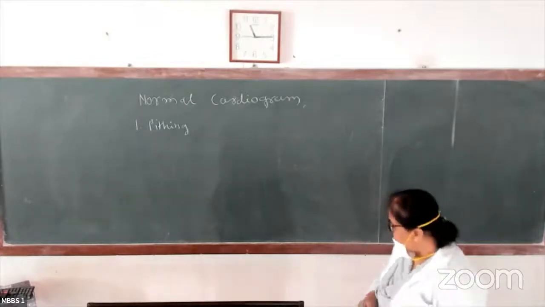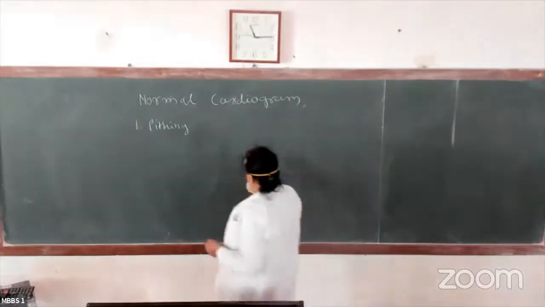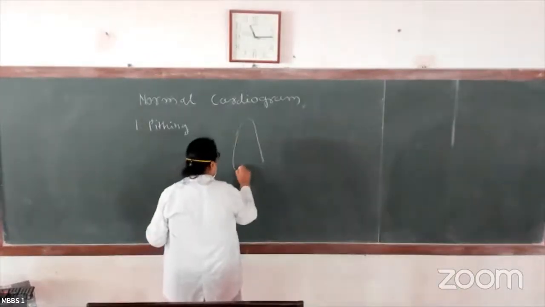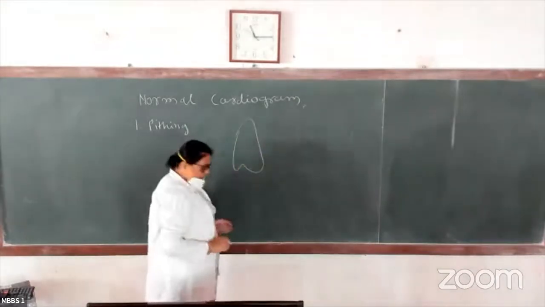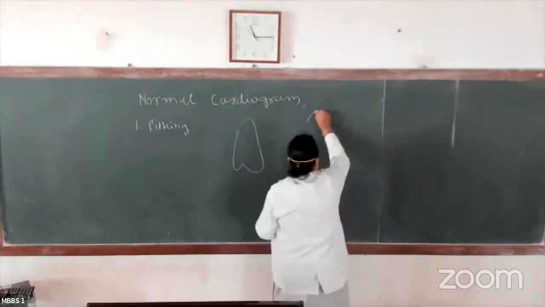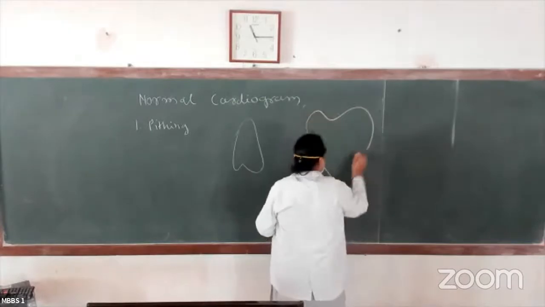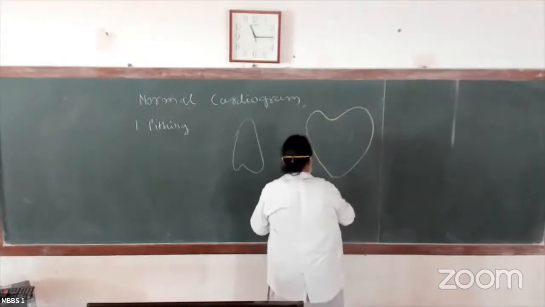The position of the heart is upside down. If we see the structure of the frog's heart, it is a 3-chambered heart.